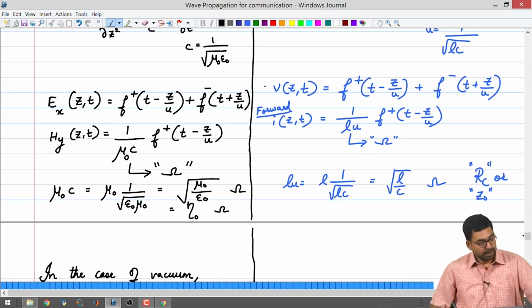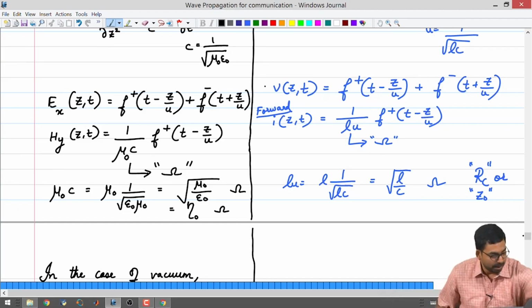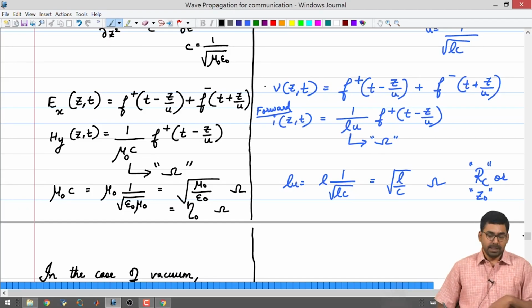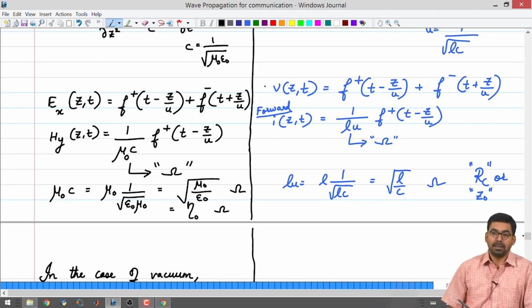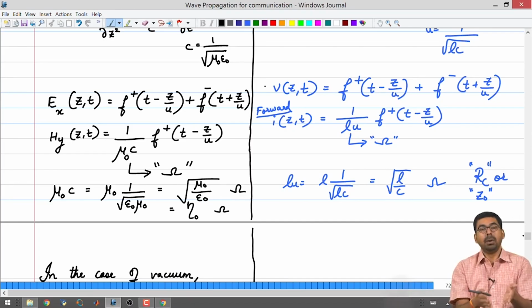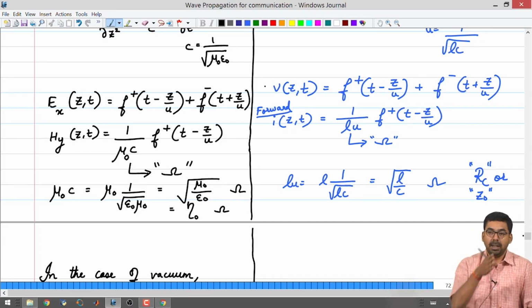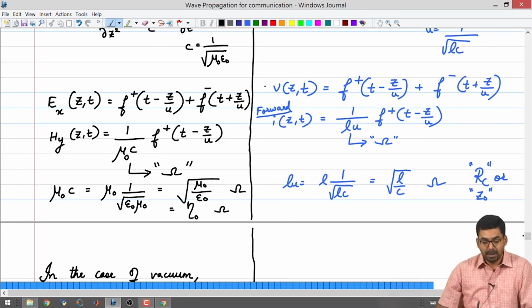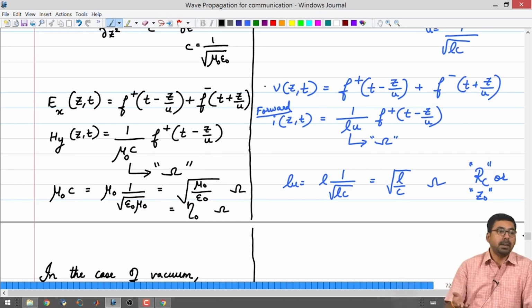So, there is no harm in thinking that whatever we are seeing here is actually a transmission line. You could model vacuum as transmission line, air as transmission line, anything which does not have wire, but you have a source and a receiver, assuming some condition, for example, only Ex, only Hy, direction is Z, etc. You can safely consider them to be transmission line, and you know what to expect from a wireless transmission system.